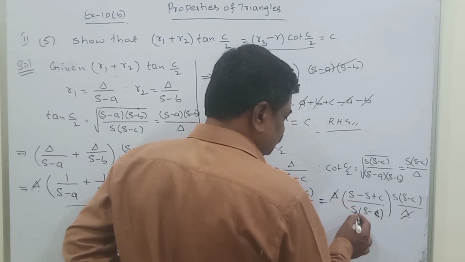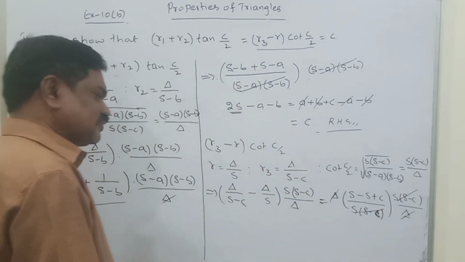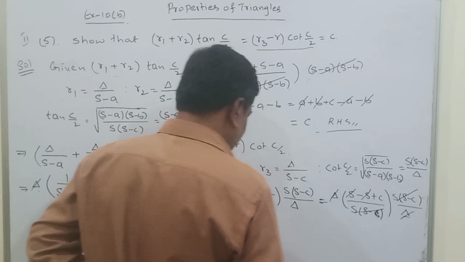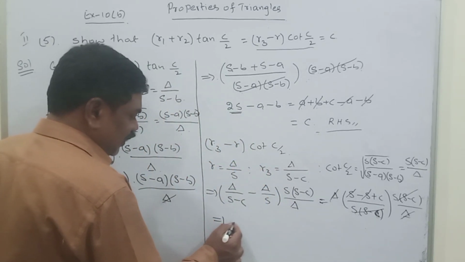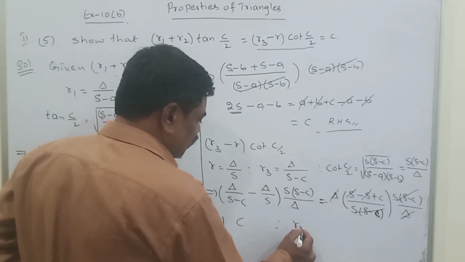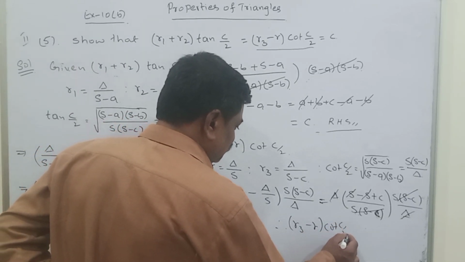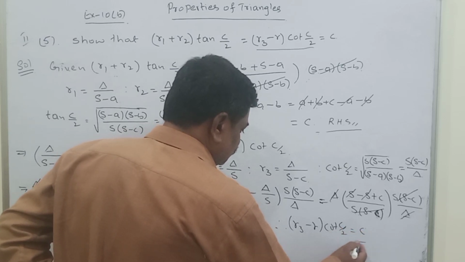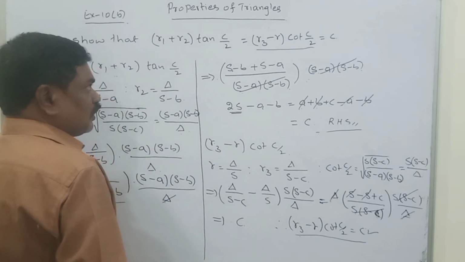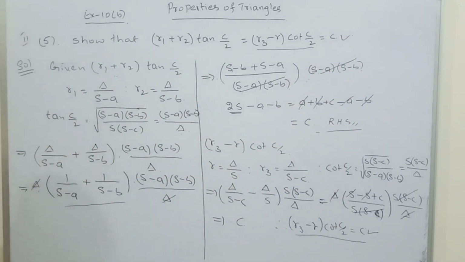Delta delta cancel, S into S minus C, S into S minus C cancel, and also plus S minus S cancel. What we will have? C. Therefore, we conclude that R3 minus R cot C by 2 is equal to C. Second LHS also C. Therefore, conclusion C is the answer.